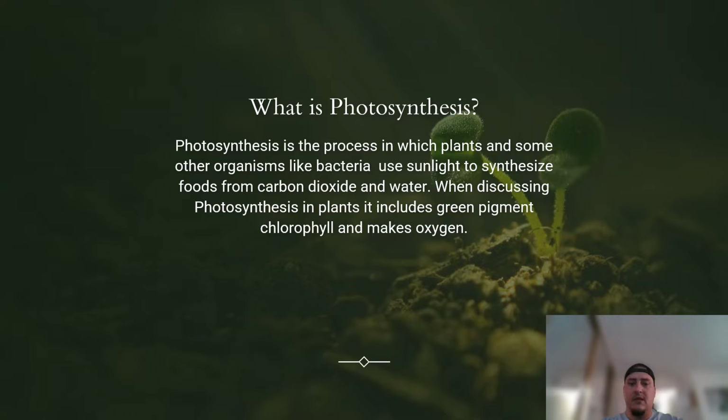So essentially, carbon dioxide and water are needed along with sunlight to produce oxygen and carbohydrates for living organisms to live off of.